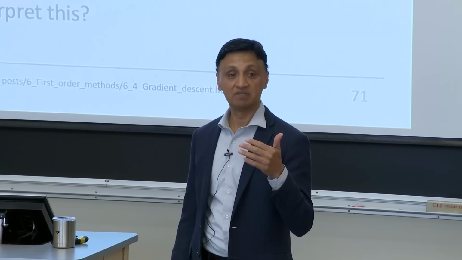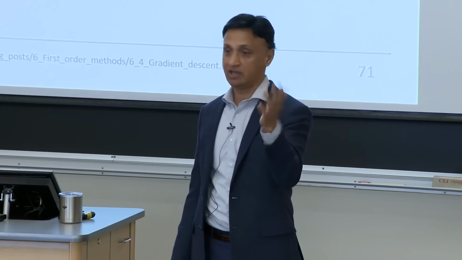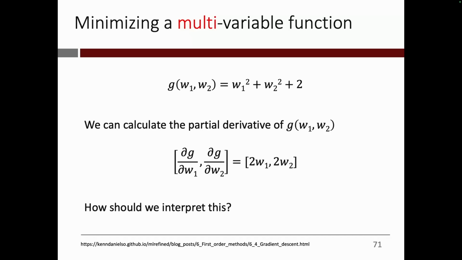Then the function becomes a function of just one variable, and you differentiate it like you do everything else. You get this thing here. Then you do the same thing for W2, and you stack them up in a nice list. This is the vector of partial derivatives.